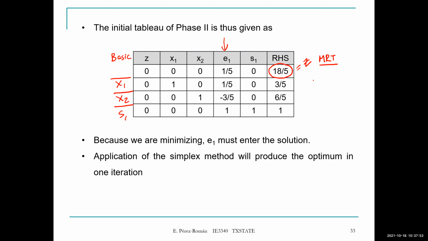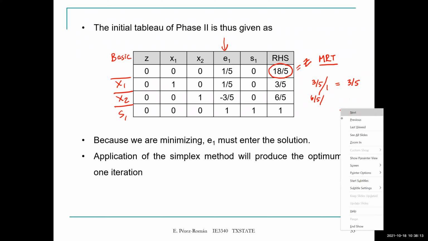This is going to be 3/5 divided by 1. So this is 3/5. This is going to be 6/5 divided by... this is wrong. Yeah, I'm sorry, I'm confused.